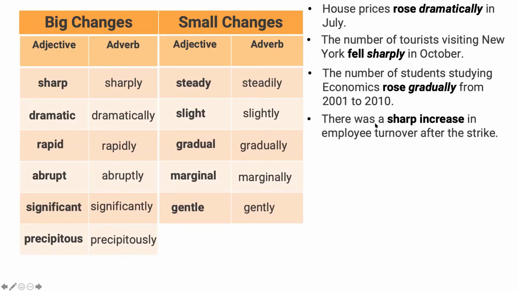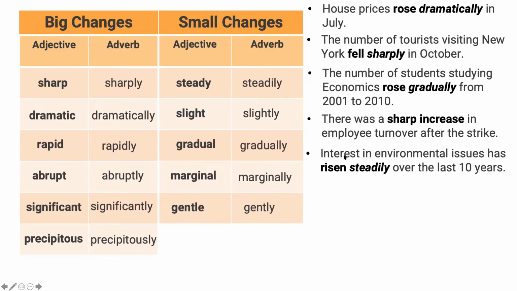Here we see there was a sharp increase in employee turnover after the strike. Note that sharp is an adjective, so it describes the noun, which is an increase. Here, interest in environmental issues has risen steadily over the last 10 years. This is very important because we're talking about over the last 10 years. That should include the year we are in now, so that's why we need the present perfect.